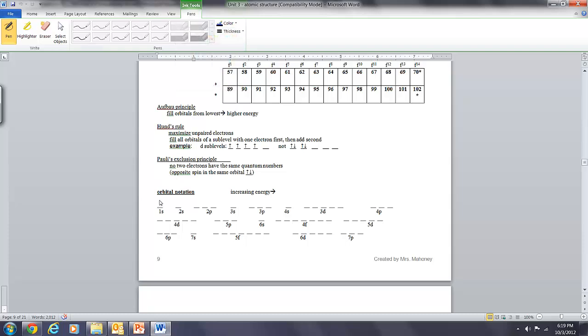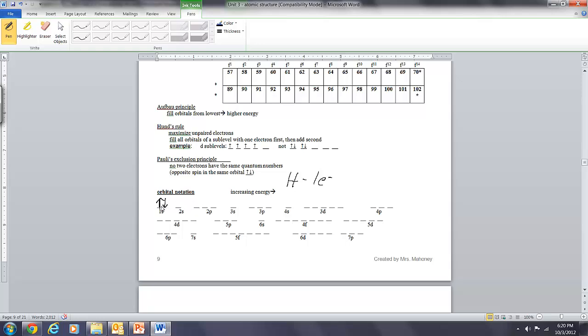I would just start saying, okay, let's look at hydrogen. Hydrogen has 1 electron. I know that's because it's atomic number 1. So how would I show that? Just 1 electron in the 1s. So this is 1 electron in the 1s orbital. Helium has 2. So what would I do? I would put it as 2 electrons.